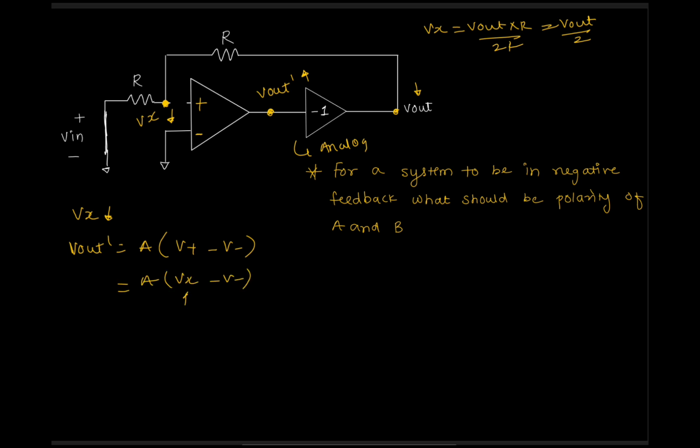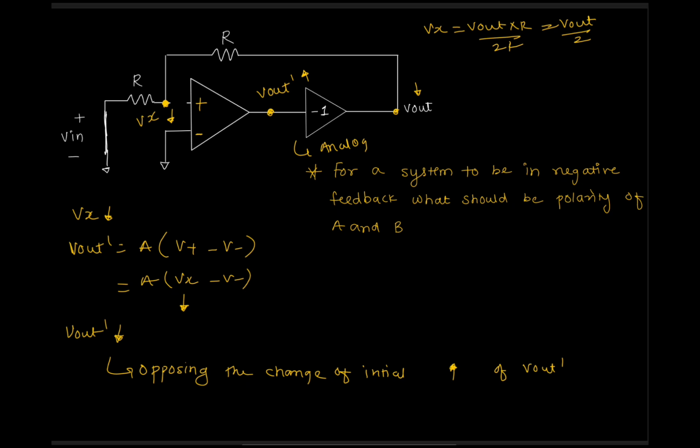So if this decreases, V out dash will also decrease, which is opposing the initial increase of V out dash.